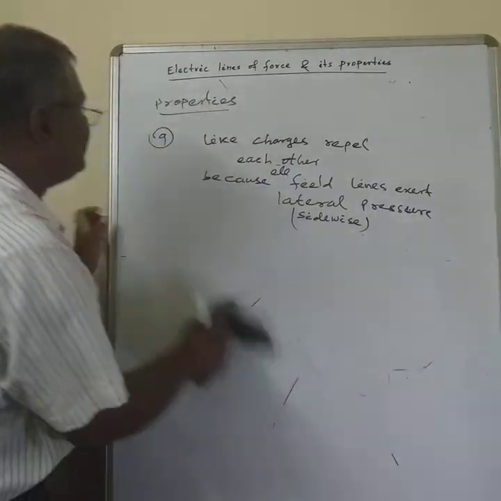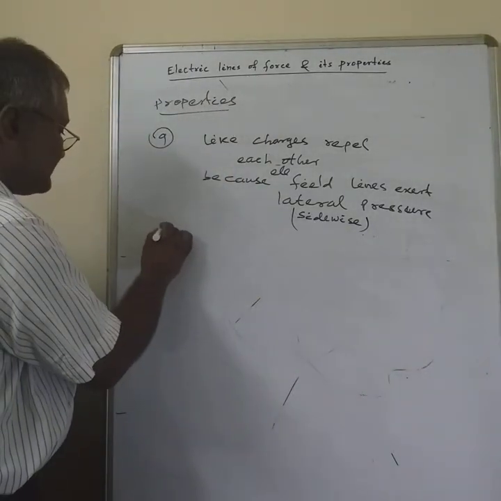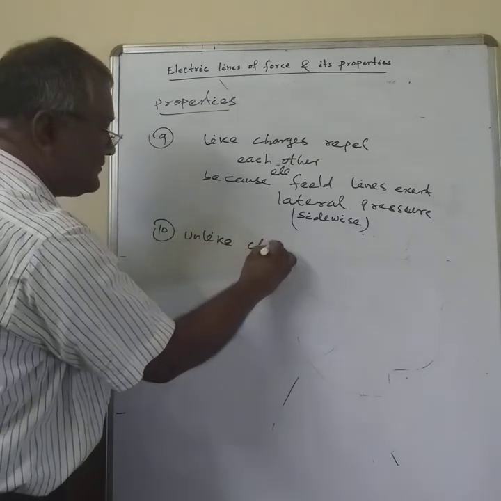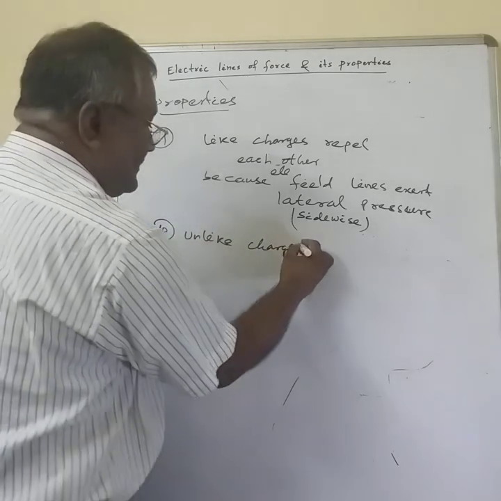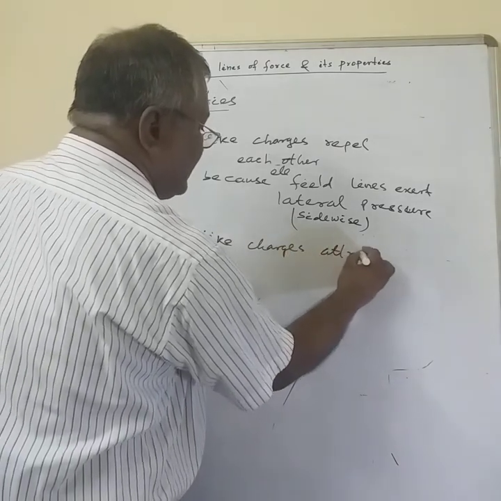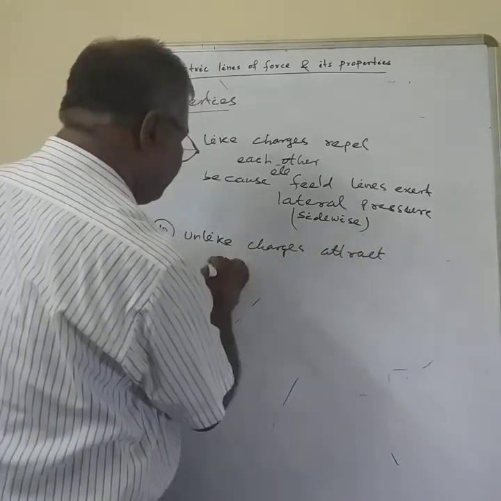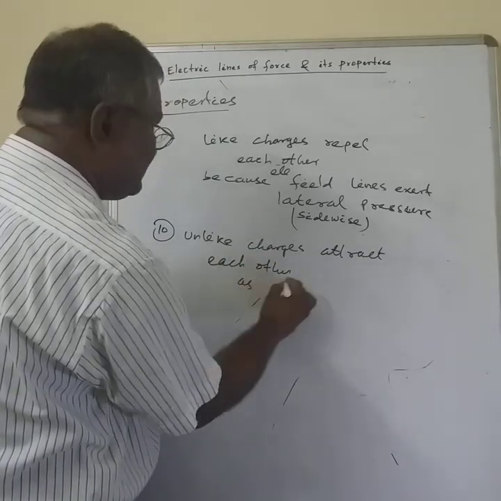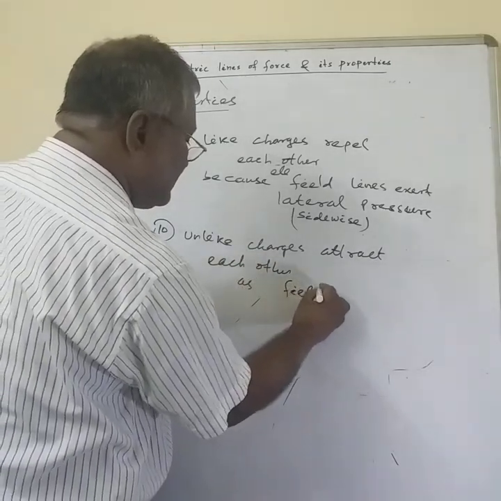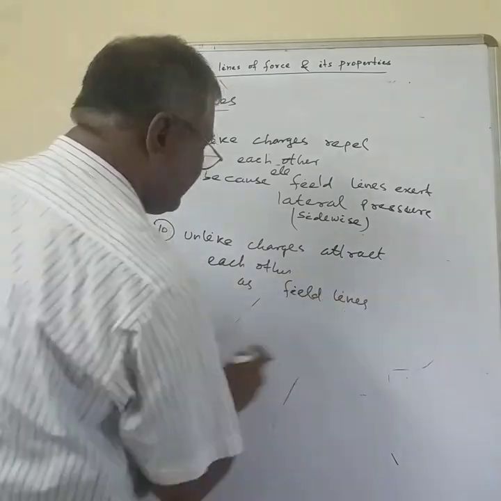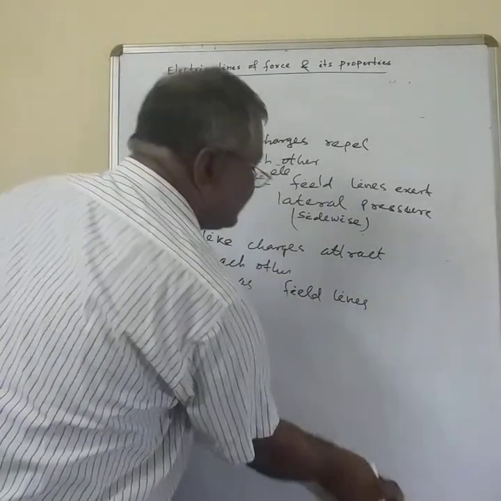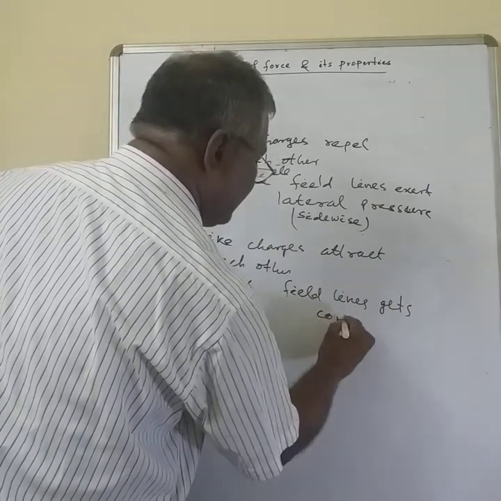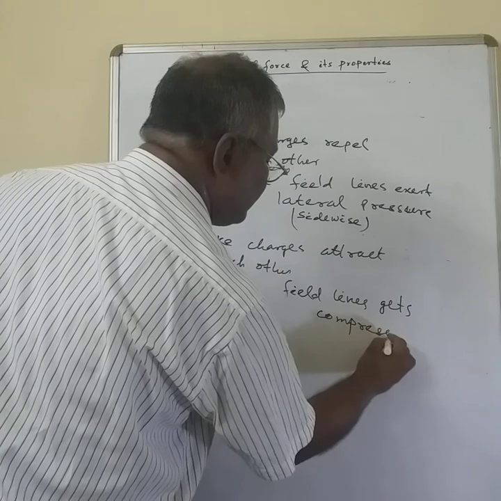The next point is unlike charges attract each other. What is its explanation? Because the field lines get compressed.